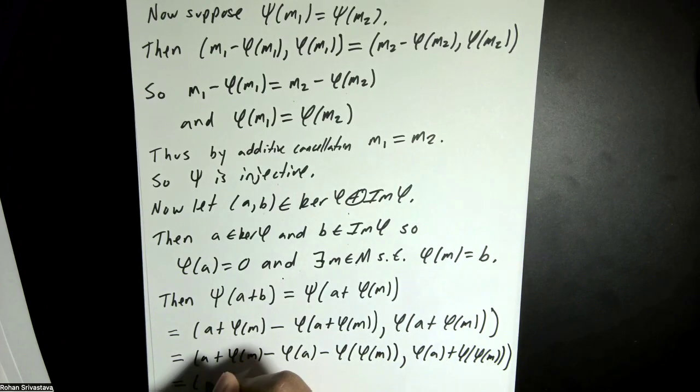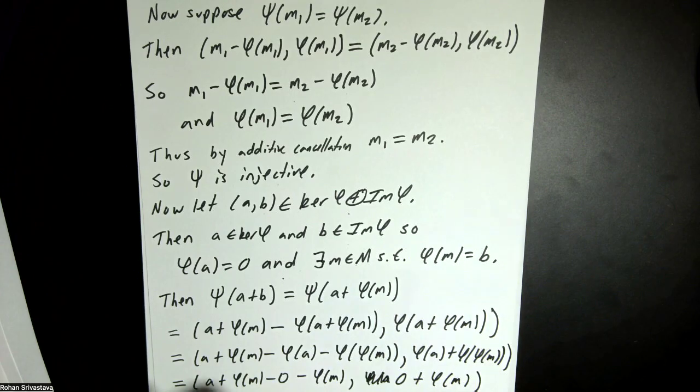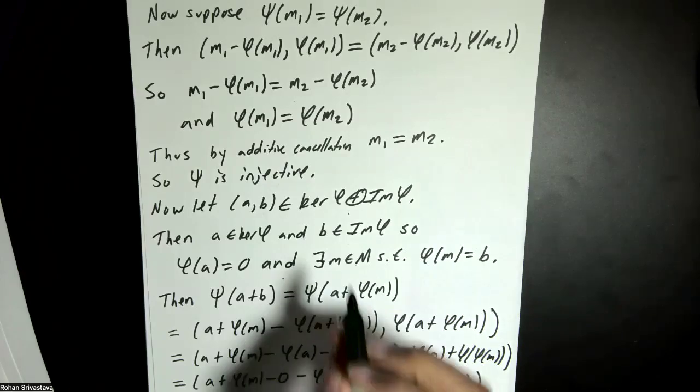So I'll write one more step. A plus phi of M minus 0 minus phi of M, comma, phi of A, which is just 0. Sorry, 0 plus phi of M. And that is clearly A, comma, phi of M is B, remember?